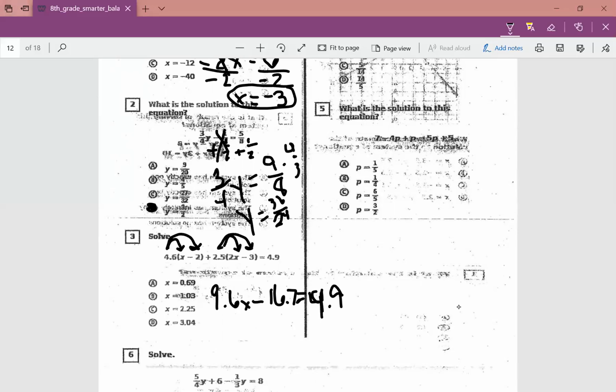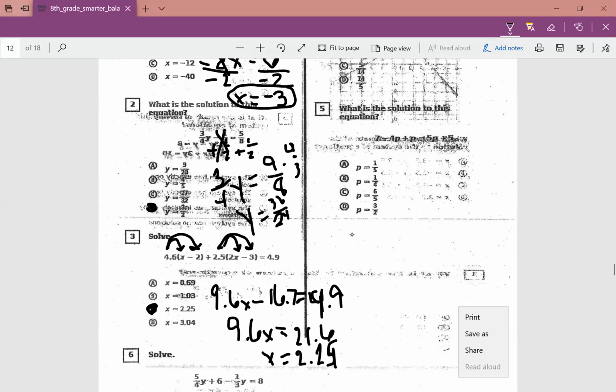Now I simplified this and then I combined my x's and I combined my other terms. And then from here you're going to add 16.7 to both sides, so 9.6x equals 21.6. Divide by 9.6. X equals 2.25. Sorry, C.